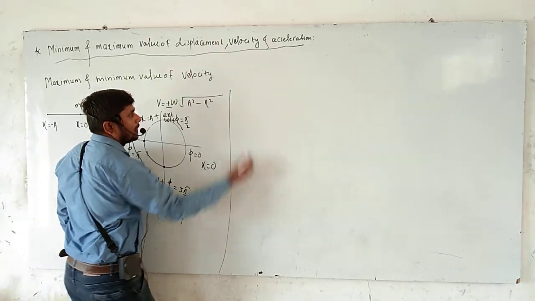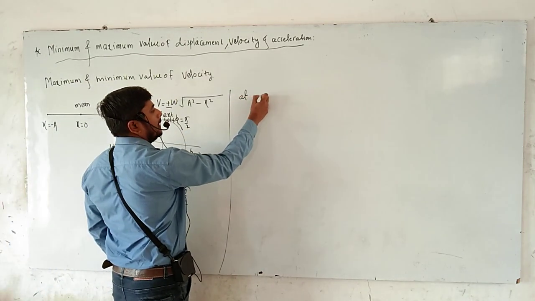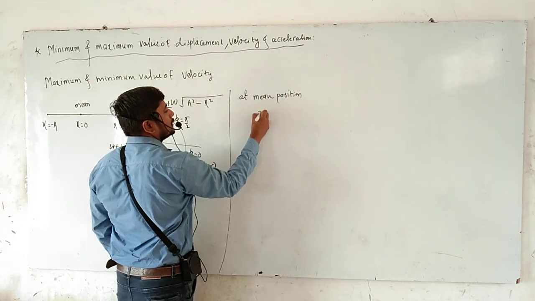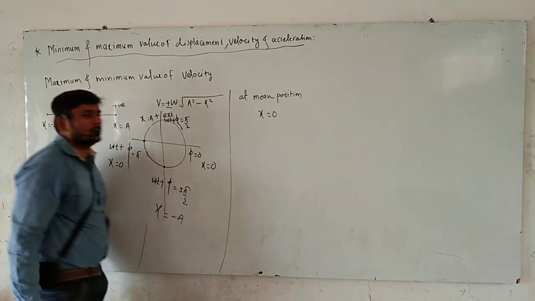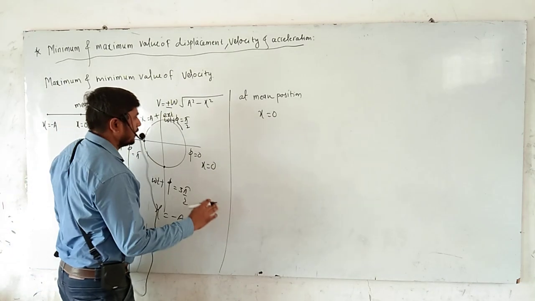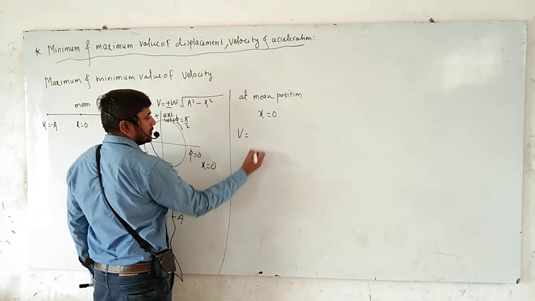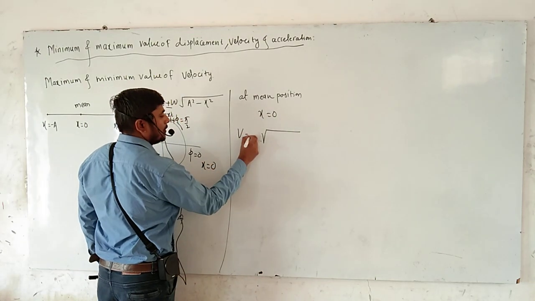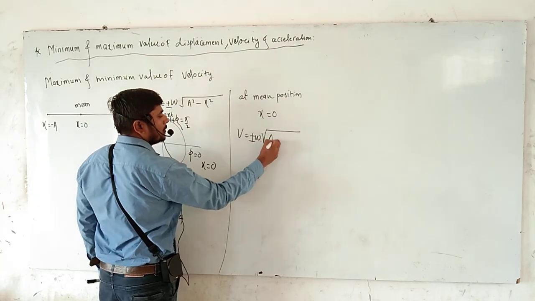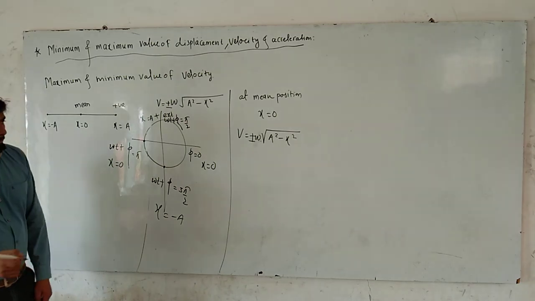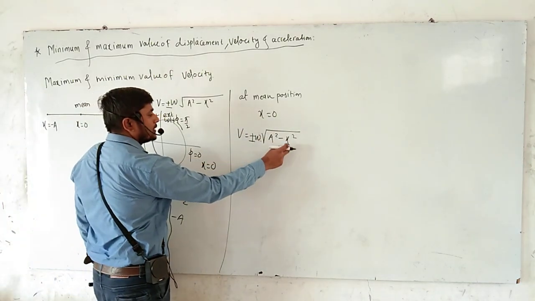So now at the mean position, what is our requirement? That is x equal to 0. This is the prerequisite that we are quite aware of. So v will be equal to plus minus omega square root of a square minus x square. Now I put the value of x equal to 0.